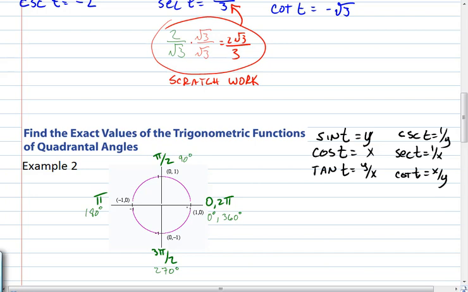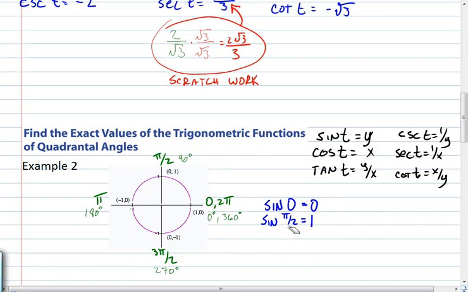Looking at the quadrant angles, if I asked you to find sine of 0 radians, well, that's going to be the y value of this point, right? That y value is 0, so sine 0 is 0. Sine pi over 2 is what? 1. No. We put angles in, we get numerical values out.